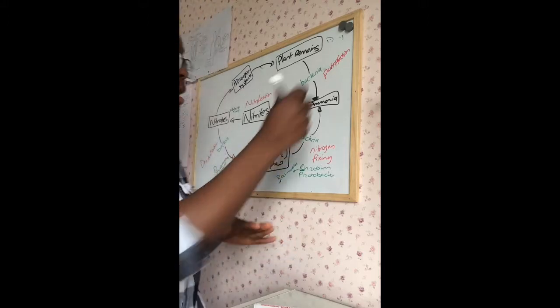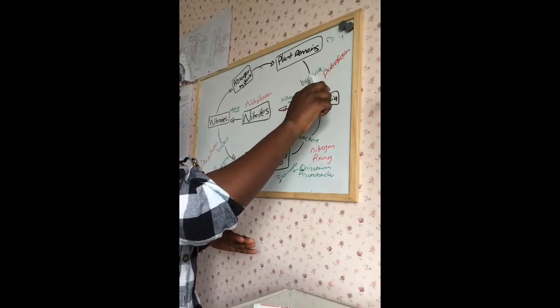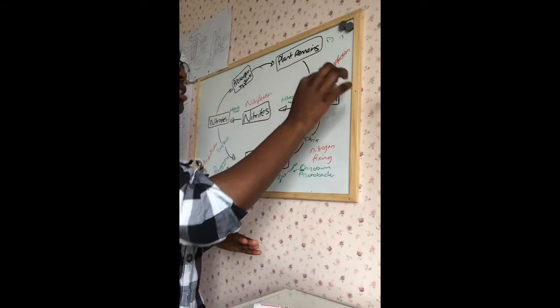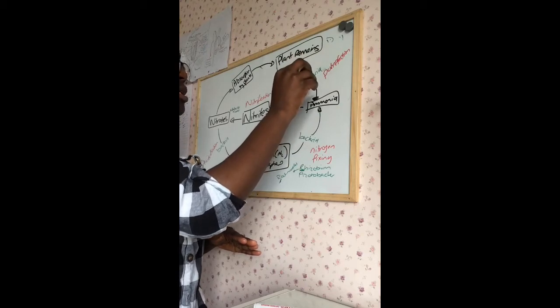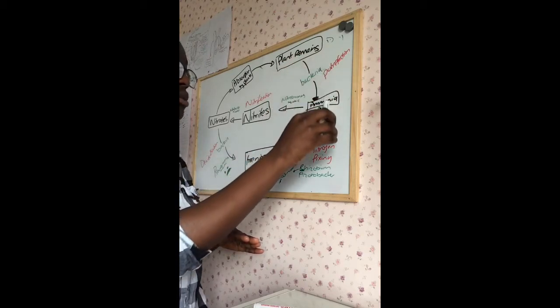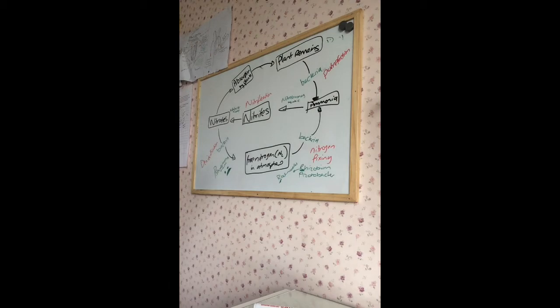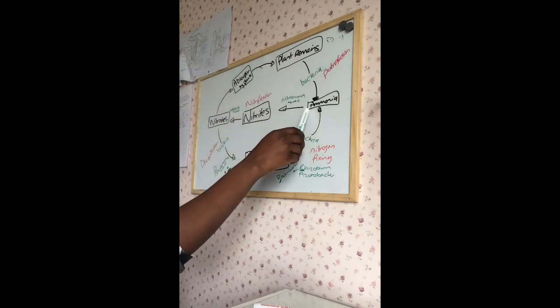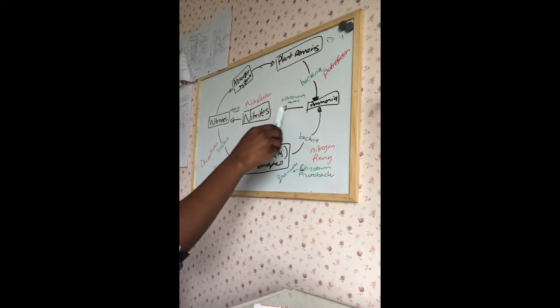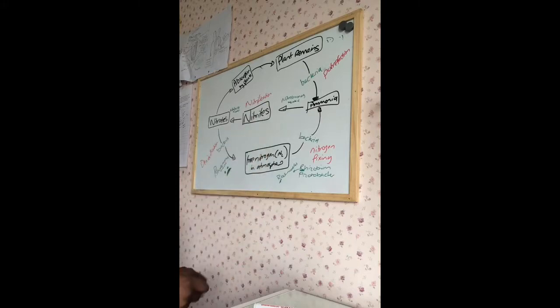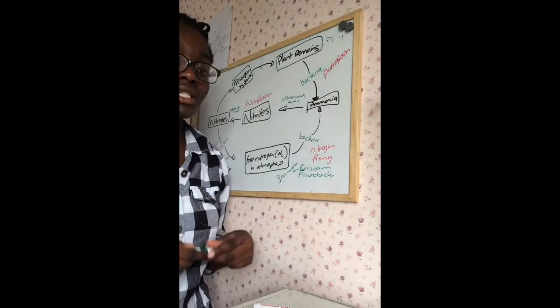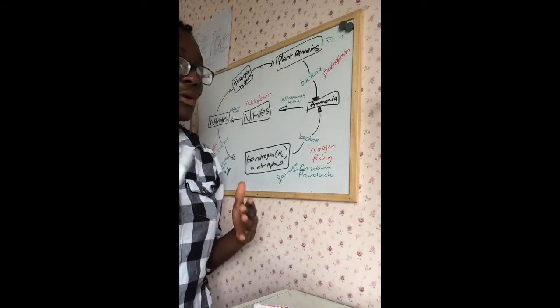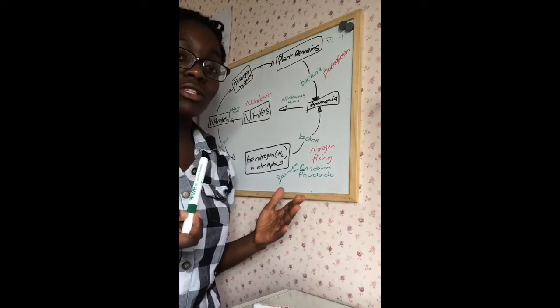So here you have bacteria or fungi which convert the plant remains or decaying matter into ammonia. And ammonia is converted into nitrites by nitrosomonas. Nitrosomonas sounds like ammonia, so that's one good way to remember it.